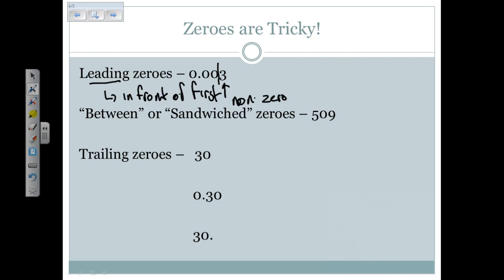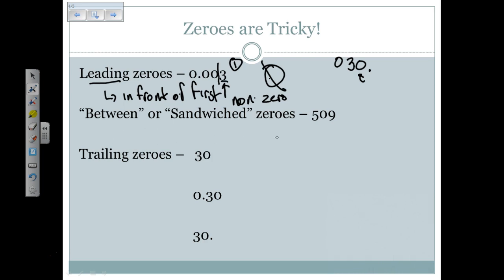This can be confusing because a lot of people will say that's not a leading zero, or they'll say that this is a leading zero even though it's behind the first non-zero. So here's the thing. A leading zero is in front of the first non-zero. And leading zeros are never, ever, ever significant. So this number, 0.003, has 1 significant figure.